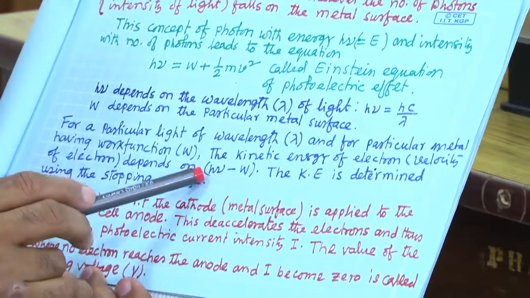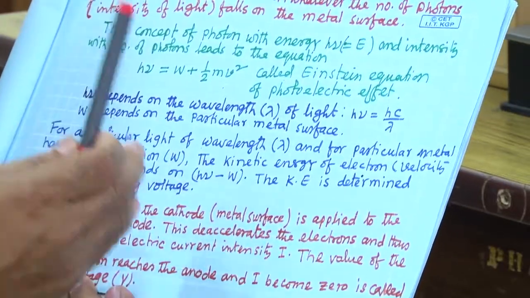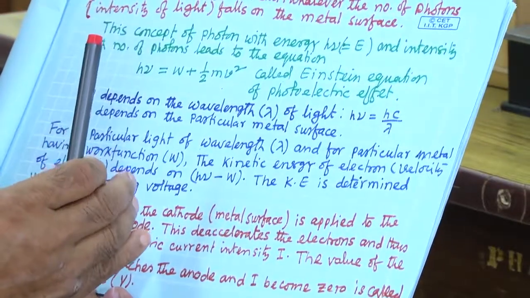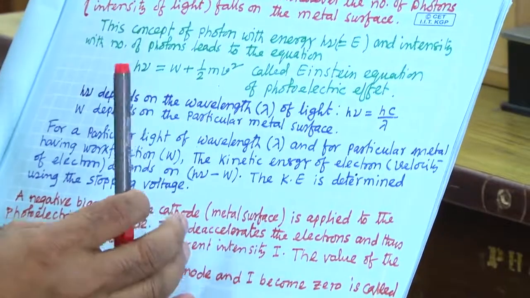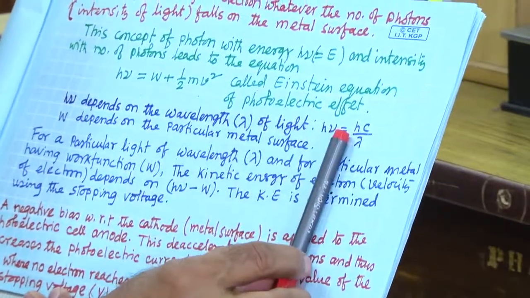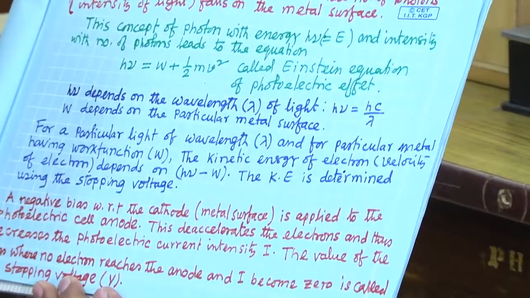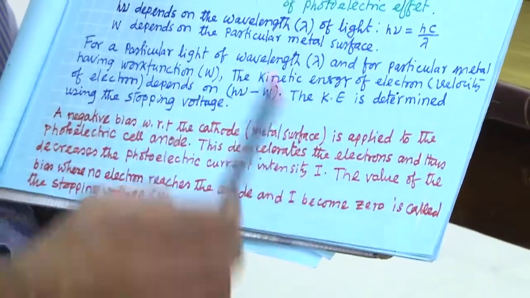With this kinetic energy, the electron will move towards the anode and reach it. So, without giving any voltage to the anode, we may get anode current due to the kinetic energy of the electron.